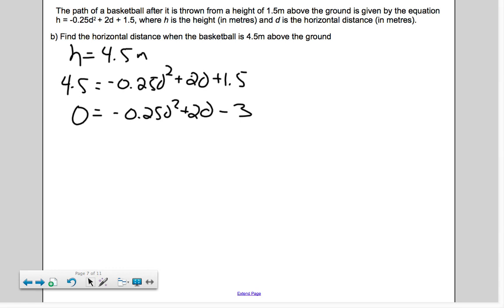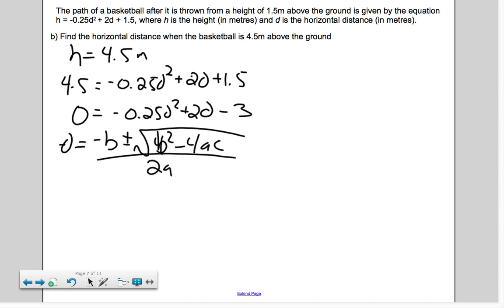So, quadratic formula. d is equal to negative b plus or minus the square root of b squared minus 4ac, all over 2a. d is equal to minus b, which is negative 2, plus or minus the square root of 2 squared. I'm going to do this a little bit in my head.